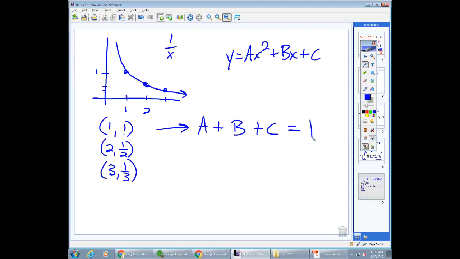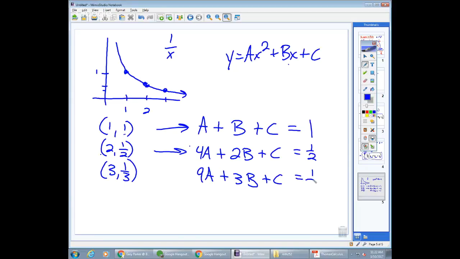So I end up with a system of equations to mess around with. And if you look on that page in the book, you'll see them set up a general system like this. But they use x0, y0, x1, y1, x2, y2, and so on. Here, if I square 2, I'm going to get 4a plus 2b plus c has to be 1/2. And then if you plug in 3, you'll get 9a plus 3b plus c has to be 1/3.